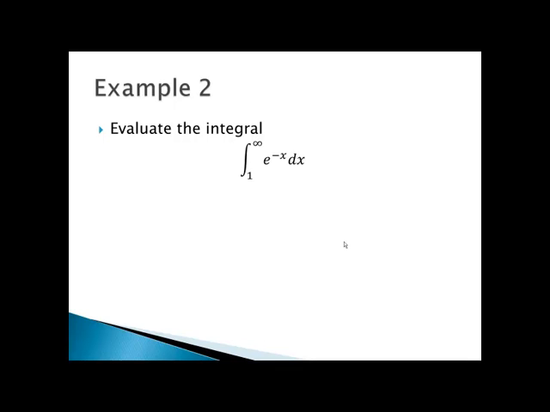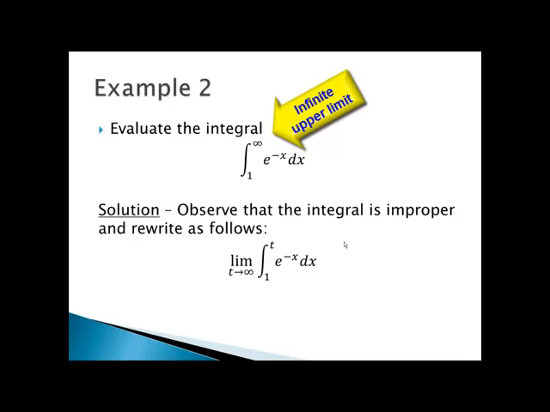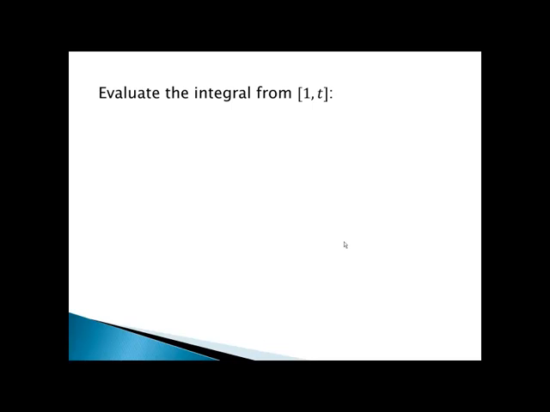Example 2, I want to evaluate the integral from 1 to infinity of e to the negative x with respect to x. Again, I'll observe that the integral is improper, and I'll rewrite it as follows. I'll rewrite as the limit as t approaches infinity of the integral from 1 to t of e to the negative x with respect to x. Then I'll evaluate that integral from 1 to t. The antiderivative of e to the negative x is negative e to the negative x, and I'll evaluate that from 1 to t. When I do so, I end up with negative 1 divided by e to the t plus 1 divided by e.